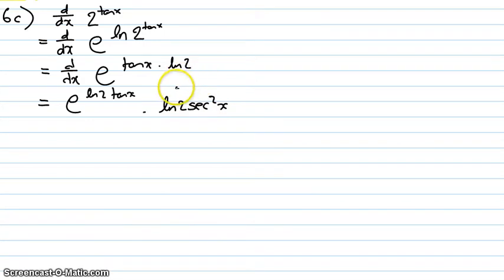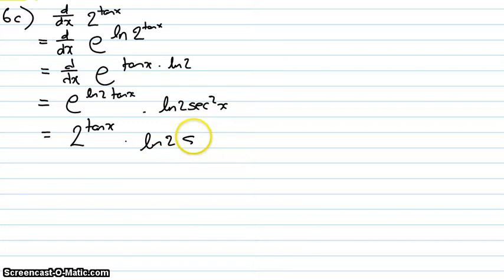Now, what can I do? I can pretty much just change this back to the way it was. So this is 2 to the power of tangent x times ln 2 secant squared x.